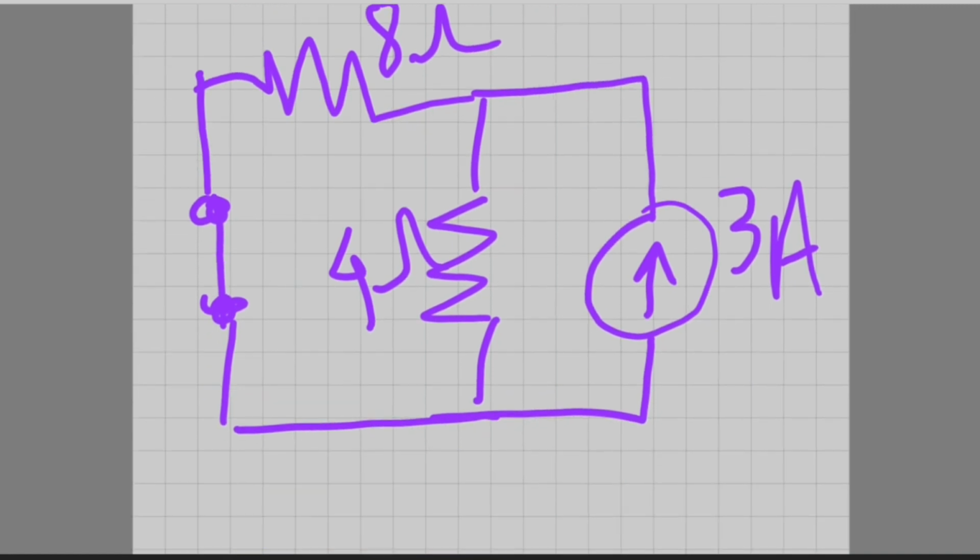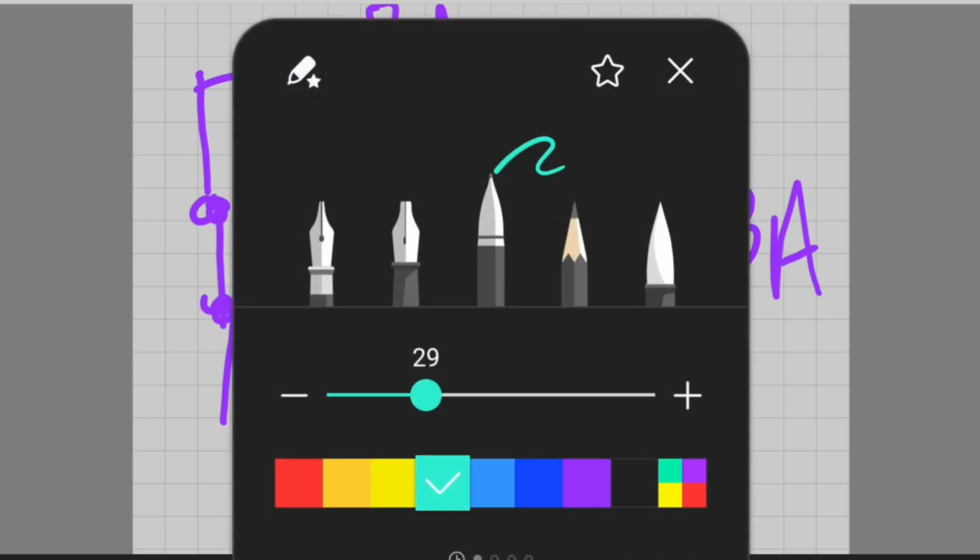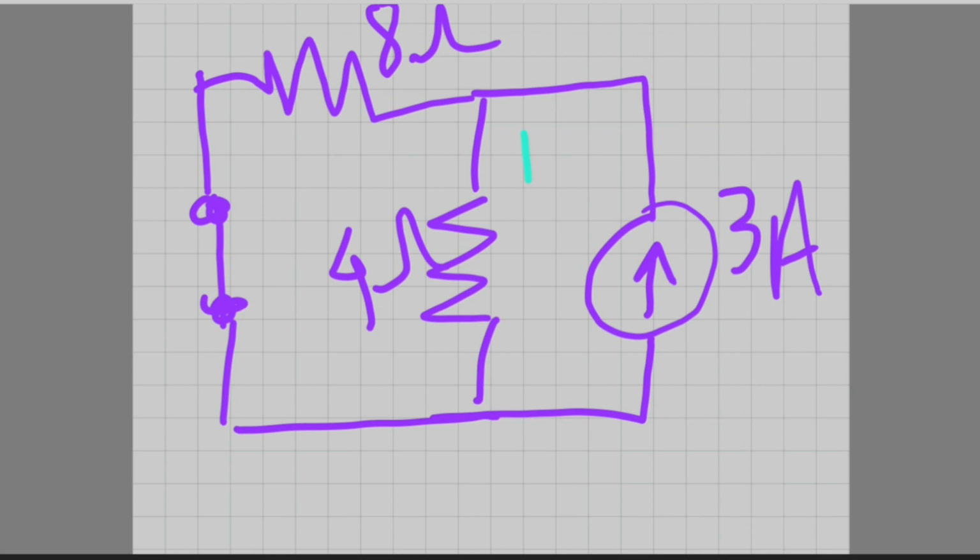So here the scenario is different. We see there is a 3 ampere current source. Since we need to find the voltage across this 4 ohm resistor, we are assigning a voltage to it, which we have to find out, V1.